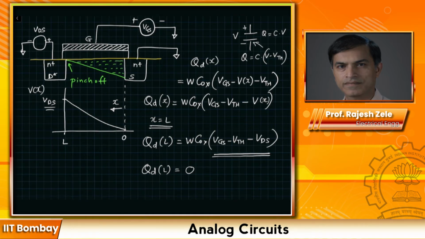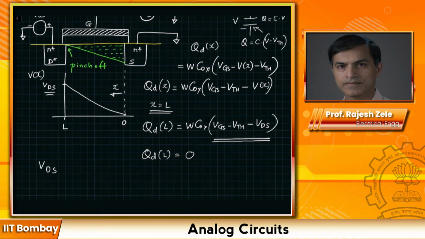The channel is pinched off when VGS minus VTH equals VDS. Channel is pinched off. Now what happens if we keep increasing VDS beyond VGS minus VTH?